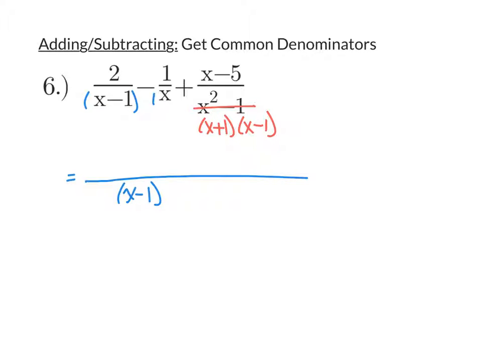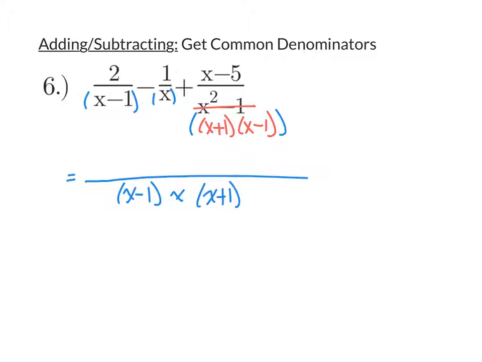I also need to have this x as one of my factors. And finally, I need to have x plus 1 and x minus 1 as factors in my denominators. So I need to include this x plus 1. However, the x minus 1 is already in there.